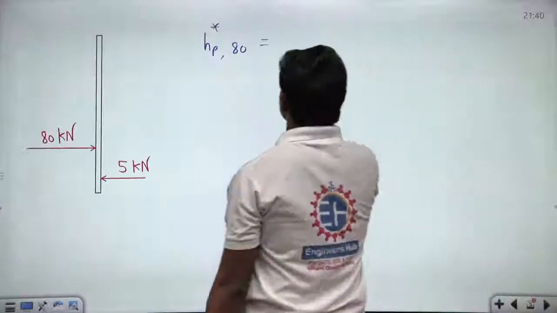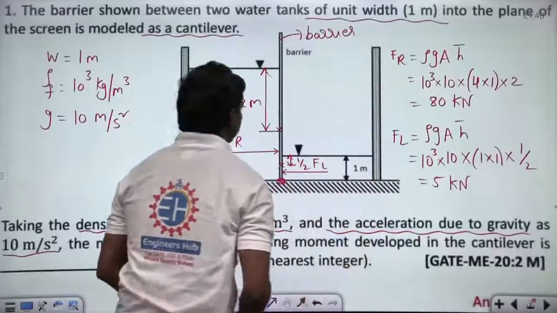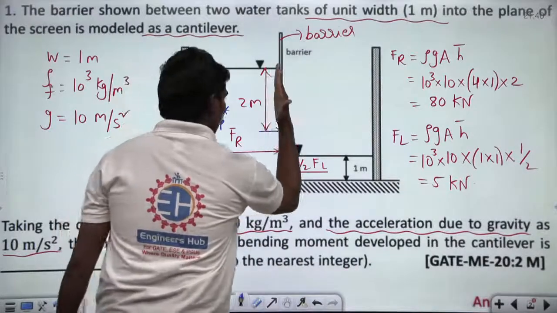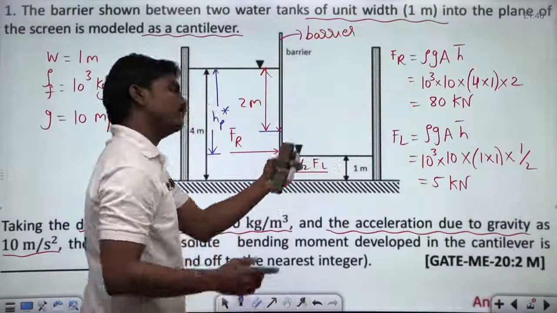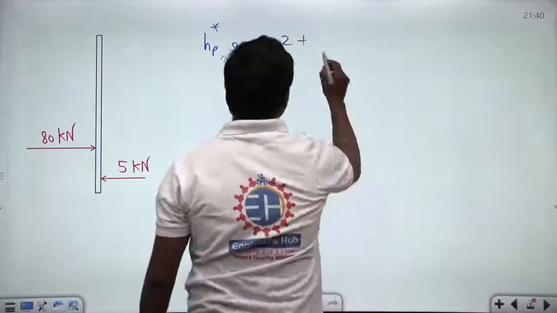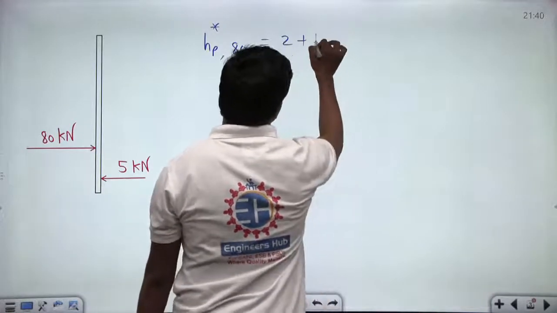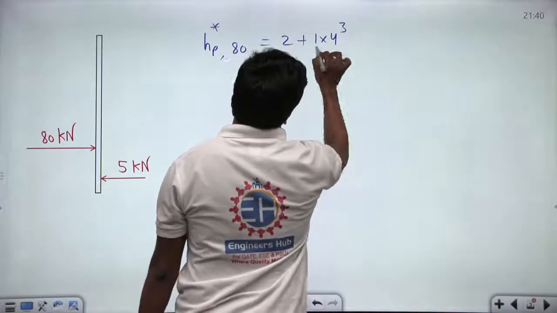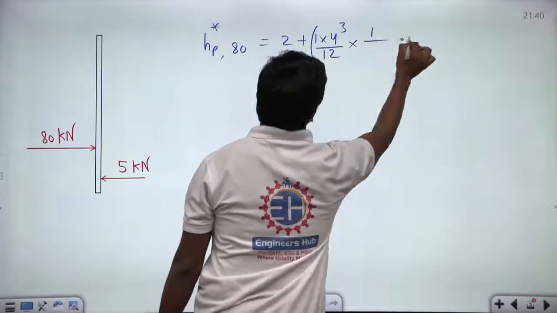So 2 plus Ixx. Now what is the plane about which you need to take the moment of inertia? If you project this plane, you get a plane perpendicular to the skin. So this axis passing through the centroid will come here, correct? So let us suppose base is 1, so 1 into 4 cubed by 12, that is b d cubed by 12, into sine squared theta, the plate being vertical, divided by A h bar.